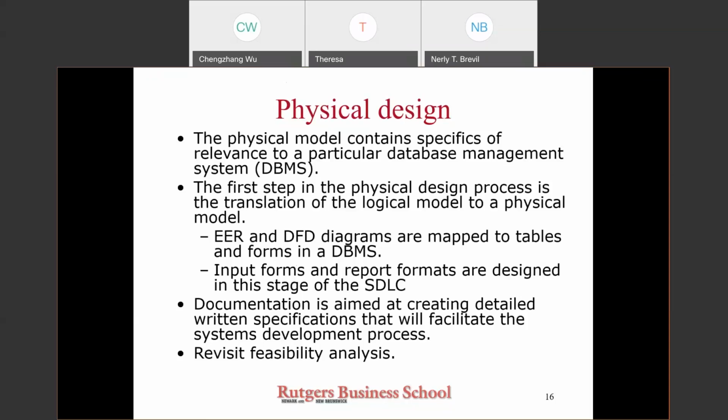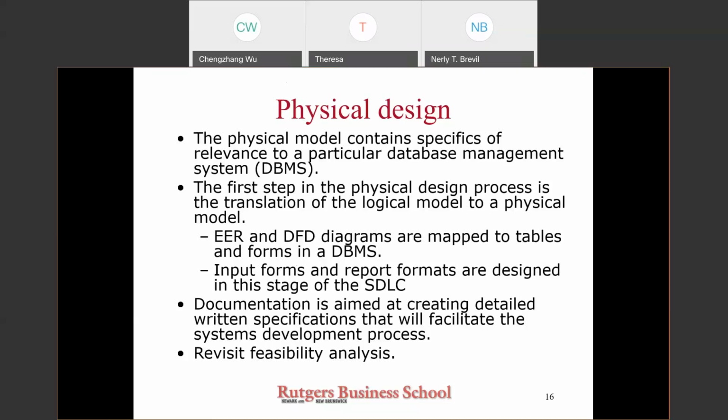In addition to the ER and DFD diagrams, the mapping between the two performed during model integration and the resulting DBMS specific physical models must be fully documented.